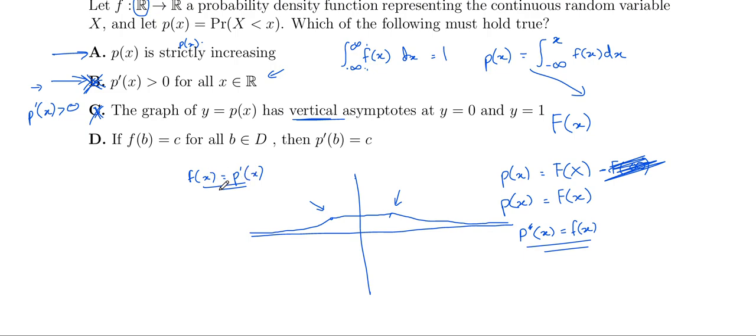But then you might be wondering, okay, so how does that not mean that f of D is equal to P prime of D? It's because P of D can't be differentiated at these sharp points, right?